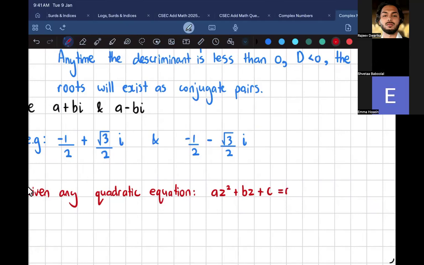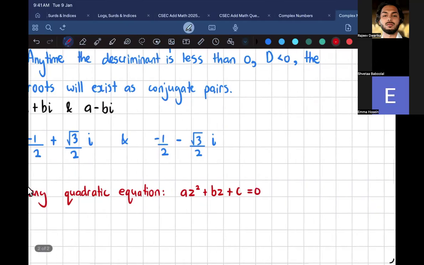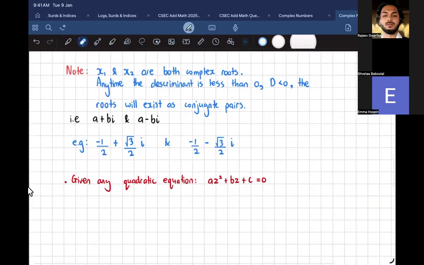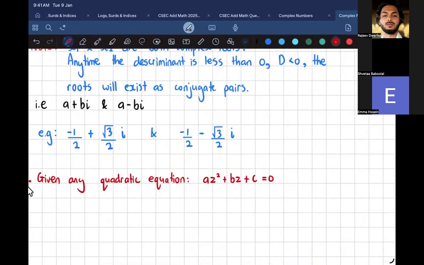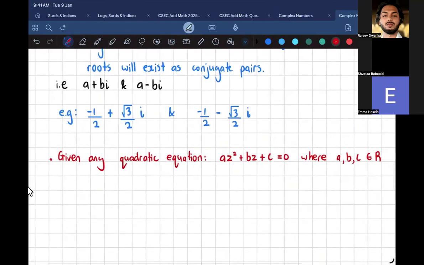Another reason is you can think of the complex number system as having another dimension: x, y, z. Think of it like that. So where a, b, and c are elements of the real number system, only then will the roots exist as conjugate pairs.